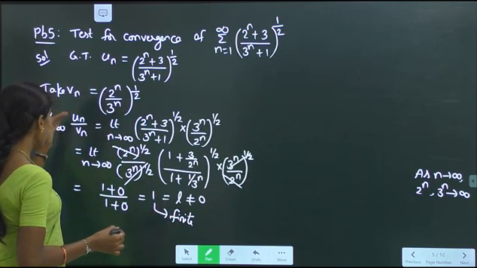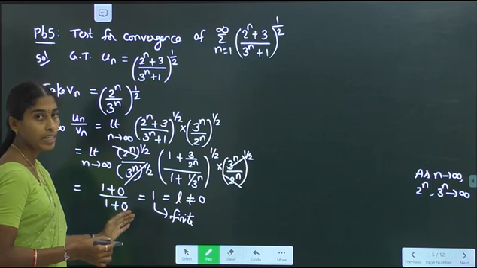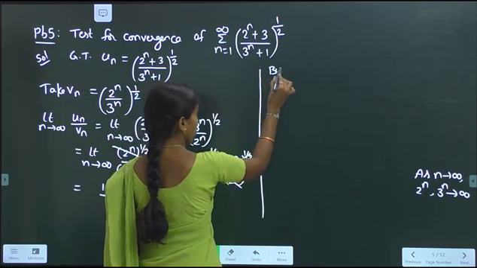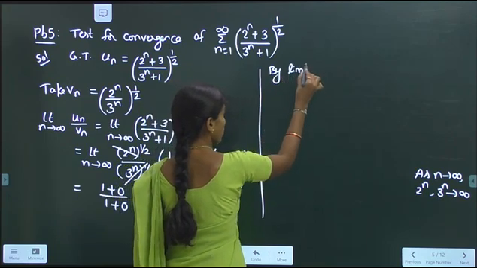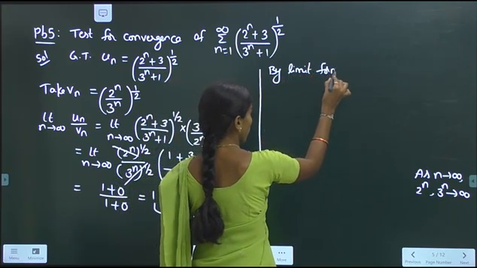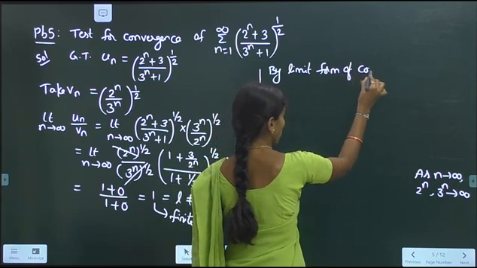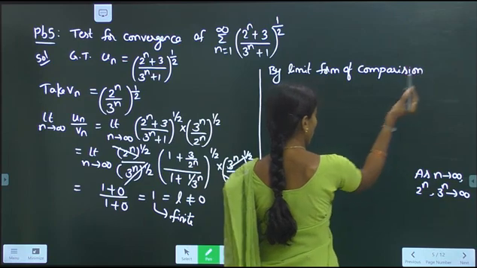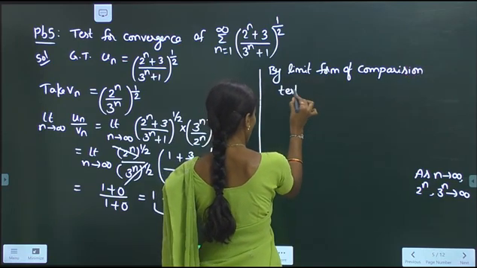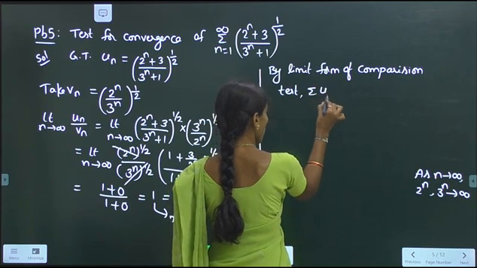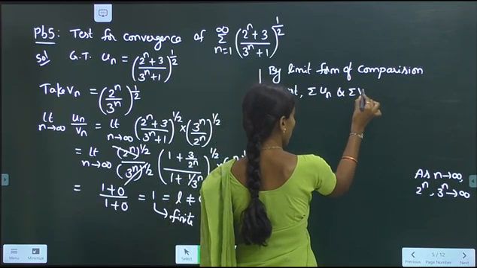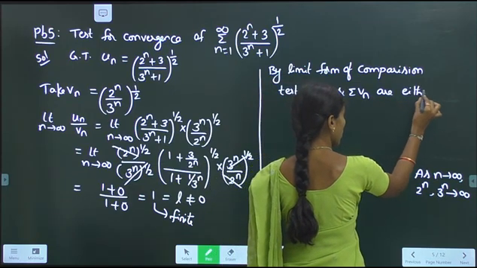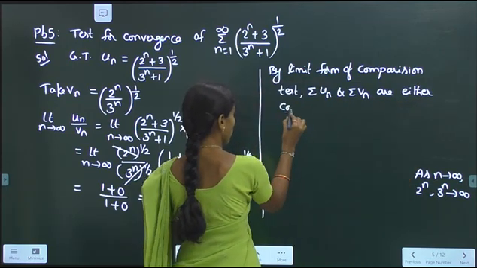So limit n tends to infinity Un by Vn is a finite non-zero value. By the limit form of comparison test, summation Un and summation Vn are either both convergent or both divergent.